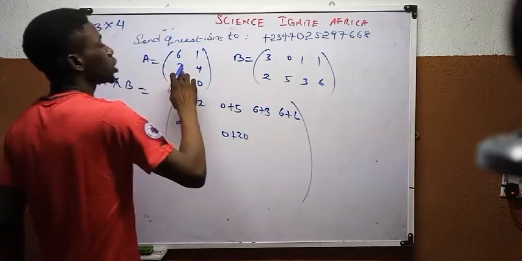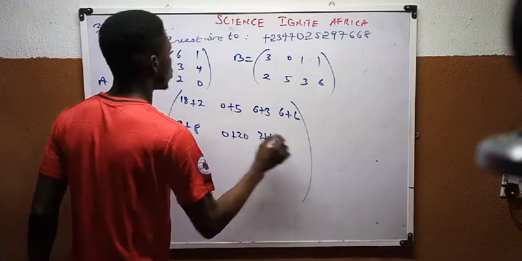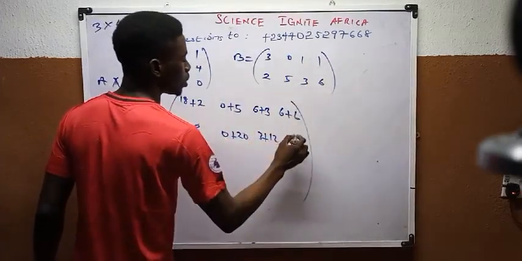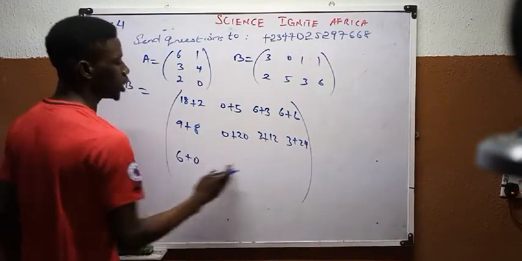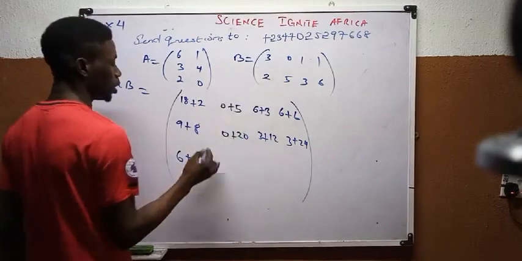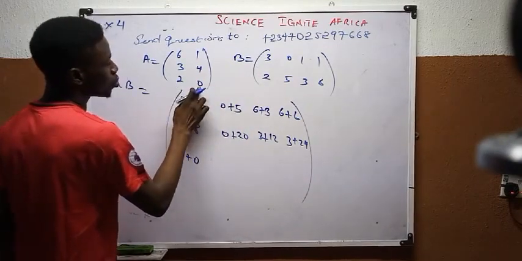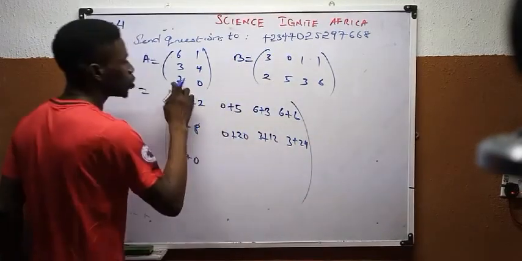Is 20. So let me continue now. 3 times 1 is 3, plus 4 times 3 is 12. 3 times 1 is 3, then plus 4 times 6 is 24. So for this last place now, we have 2 times 3, so we have already done that. So now we are on row 3, column 2.